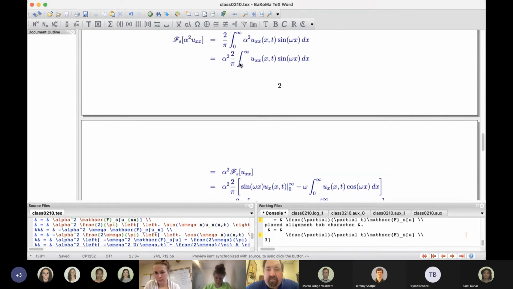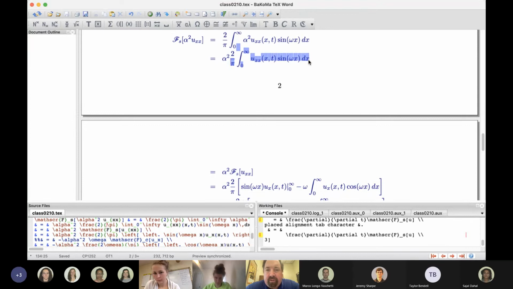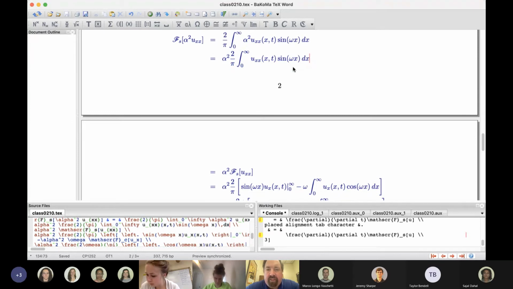So if I want to evaluate this integral using integration by parts, remember your integration by parts formula is like the integral of u dv. dv needs to be something that is easily integrated, like, for example, if it's already a derivative. So if this is my dv, then my v is just u_x.